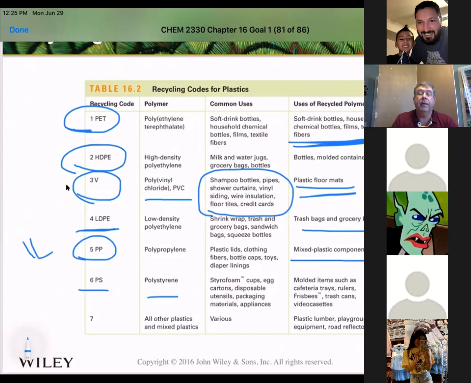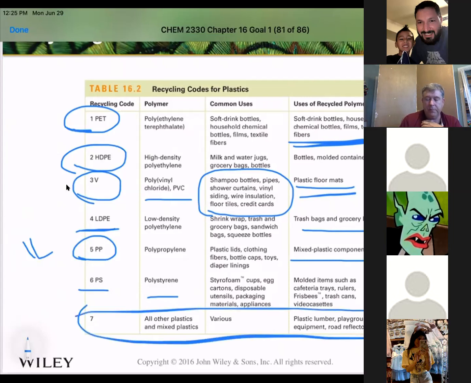Polystyrene, you may know from your Solo cup or the styrofoam cup, both of which are made of polystyrene. And there's a whole bunch of other plastics that can be reused, but they are not listed here. Okay, so that is our goal 1, polymer definition and polymer morphology.